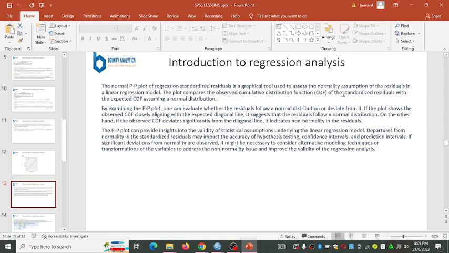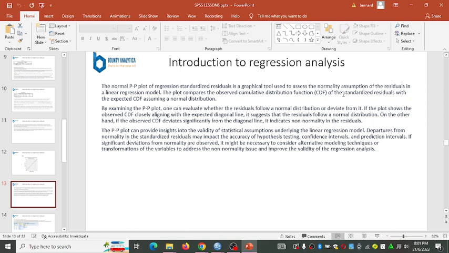This PP plot actually can provide insight about the validity of these statistical assumptions underlying the linear regression model.